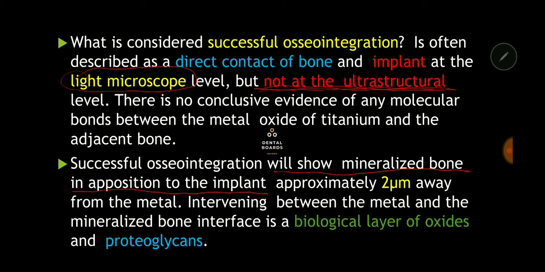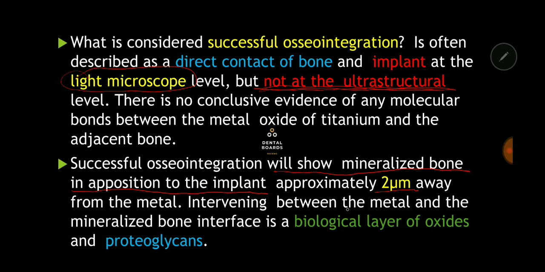The bone right next to the implant is going to be mineralized, and is usually approximately 2 microns away from the metal. So ultrastructurally there's a space between the bone and the implant, however at the light microscopic level there's no space.